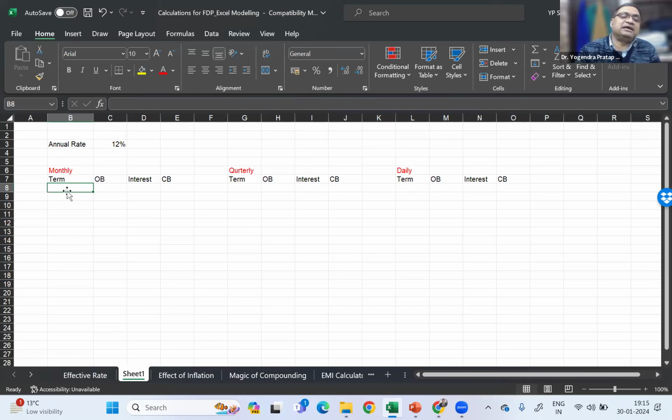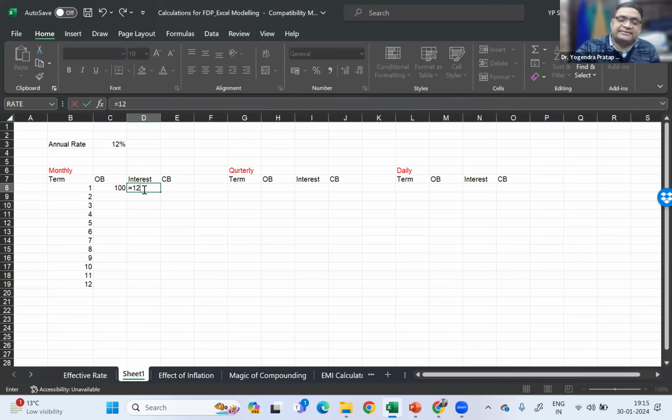See, suppose you are paying monthly. Then there will be 12 periods, and you can calculate it. Anyone can tell, if it is 100, then what will be the interest? The interest is equal to 12% divided by 12, that is 0.01.